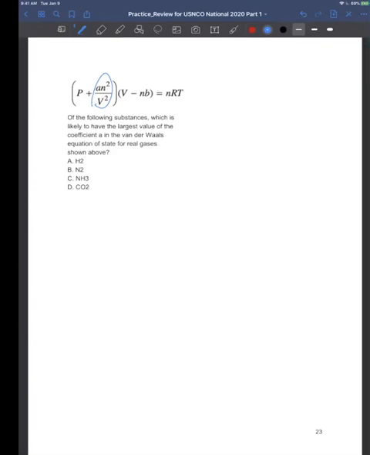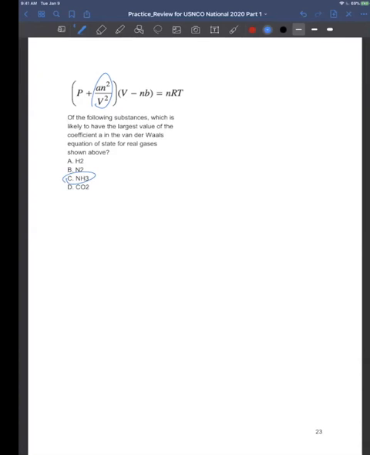But actually, it's not true, especially for those molecules with relatively larger intermolecular forces. So they will attract each other, which will reduce the frequency of the gas molecules colliding with the wall of the container. So I think ammonia is the case here. It has hydrogen bonding, right?